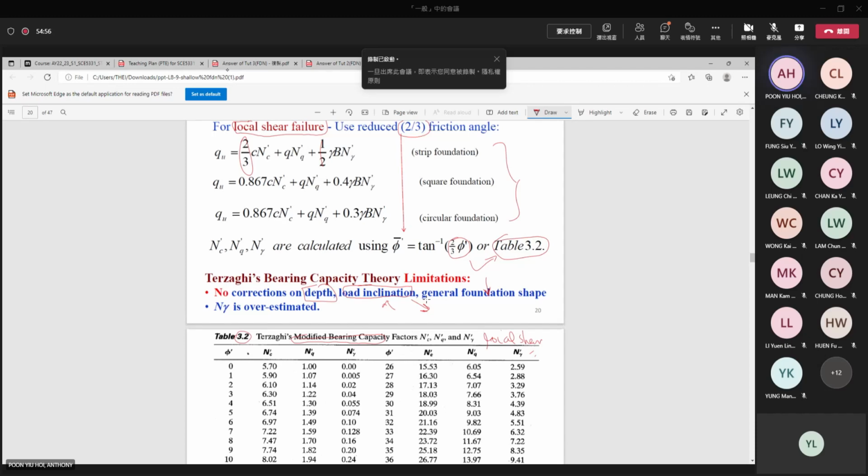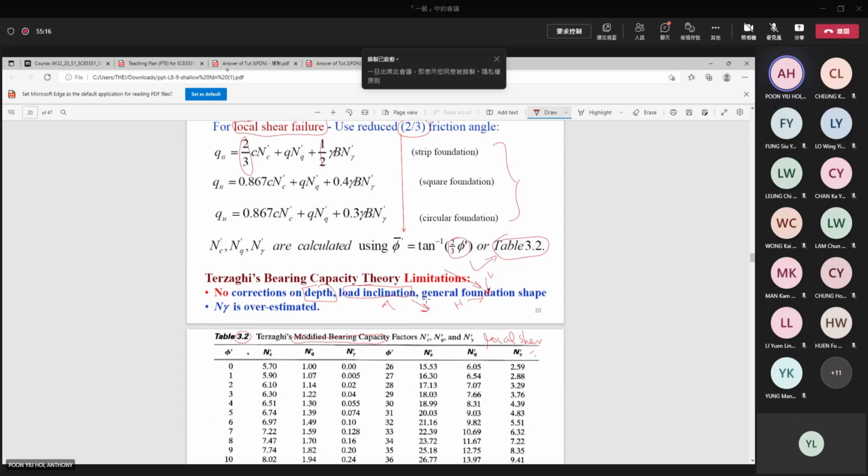Inclined load also means there's a horizontal load. So we have a vertical load and a horizontal load, which resolve into an inclined load.